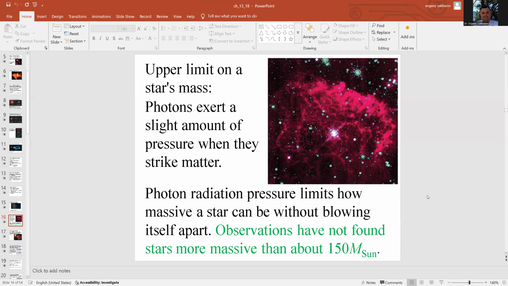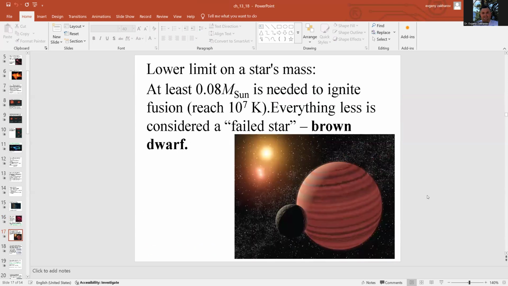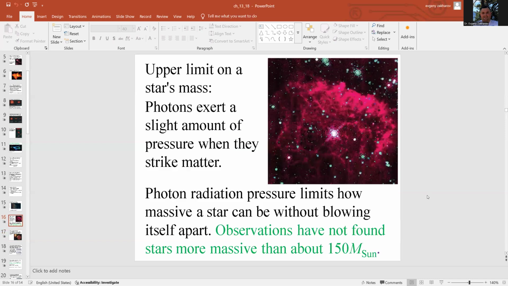That's the top. That's the greatest amount. And it is the degeneracy pressure that limits this particular number. And we're not going deep into quantum physics. So just upper limit is 150 masses of the sun.